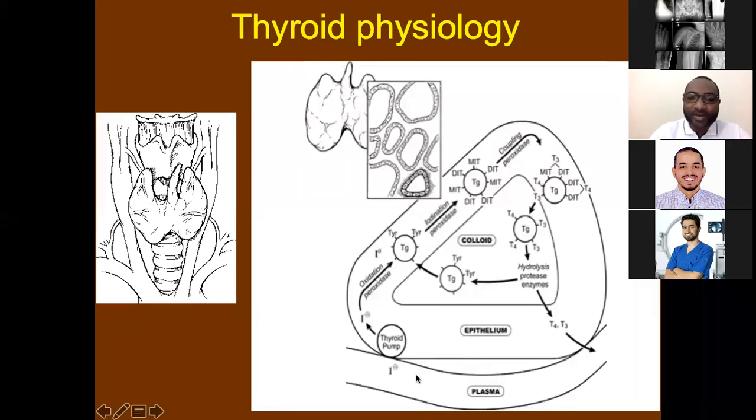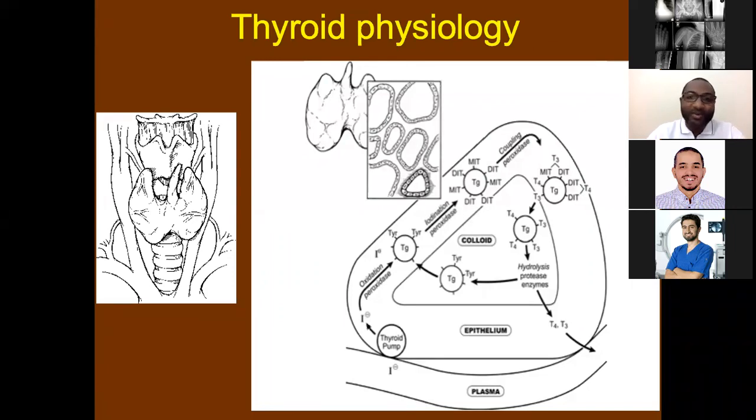So from plasma, you have iodide, it is trapped into the follicular cells, there is organification, coupling, storage, and eventually release. This mechanism of physiology is what we image in nuclear medicine in order to detect pathology or identify disease processes.